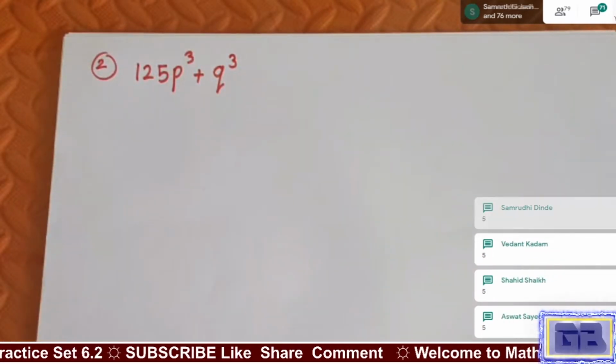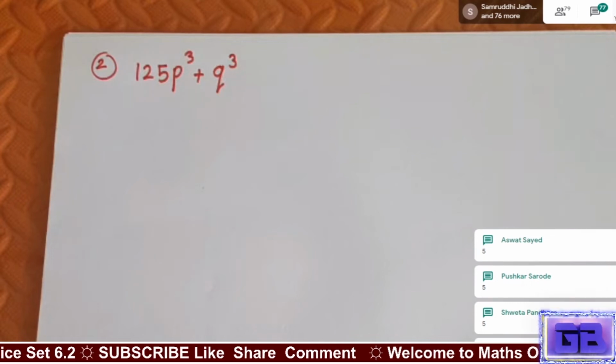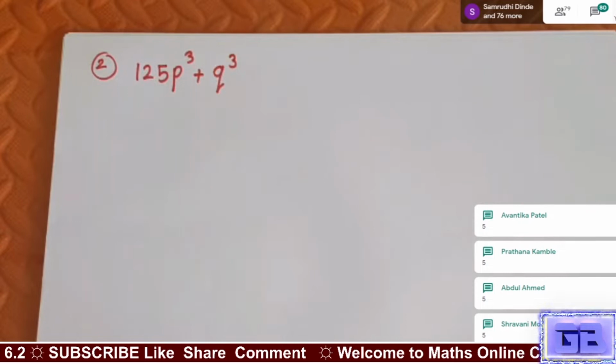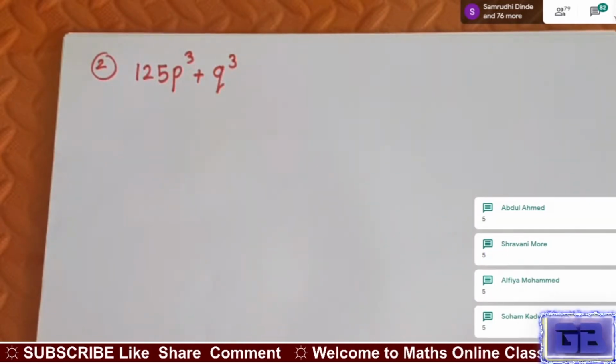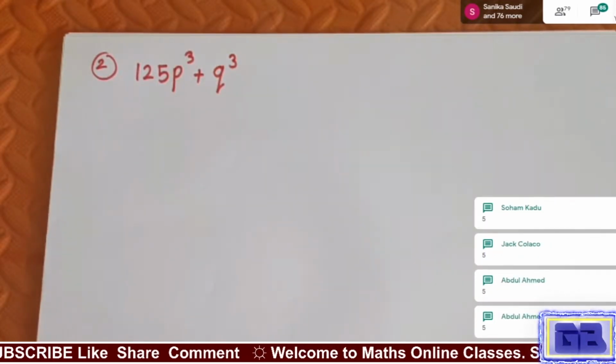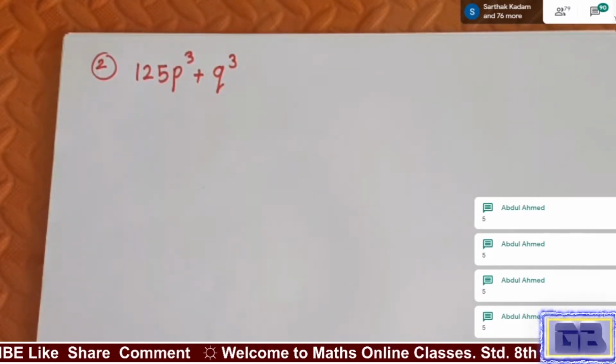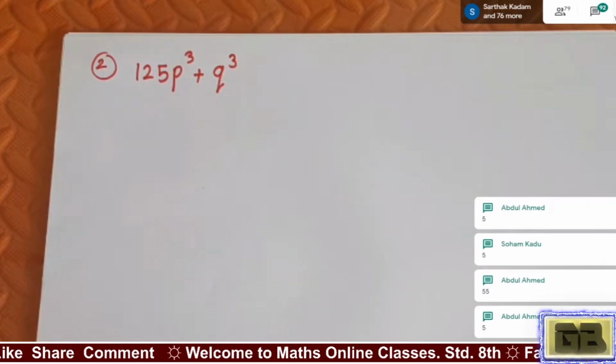Okay, stop now. Pushkar, Shweta, Priyanka, Avantika, Prarthana, Abdul. The list is going on, increasing. 125 is the cube of 5. 5 into 5 is 25. 25 into 5 is 125.